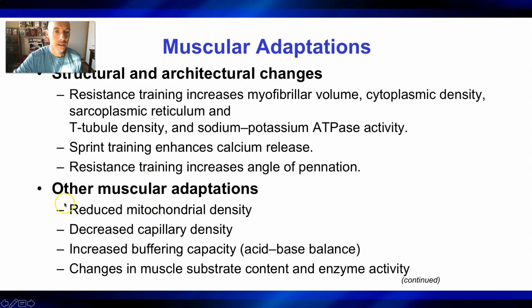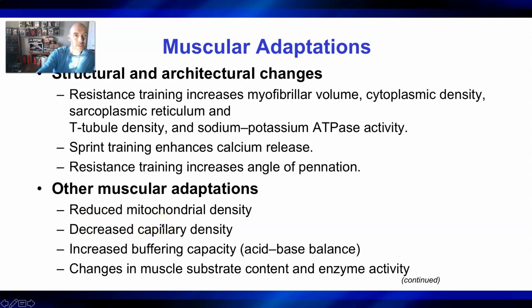Things that we see here are other adaptations that occur in response to anaerobic exercise, right? Now, here's where we see sort of a split between aerobic and anaerobic adaptations. Aerobic adaptations make a muscle better at aerobic exercise. Anaerobic exercise makes muscles better at anaerobic exercise. So these things that we see here are going down because these are aerobic characteristics, right?